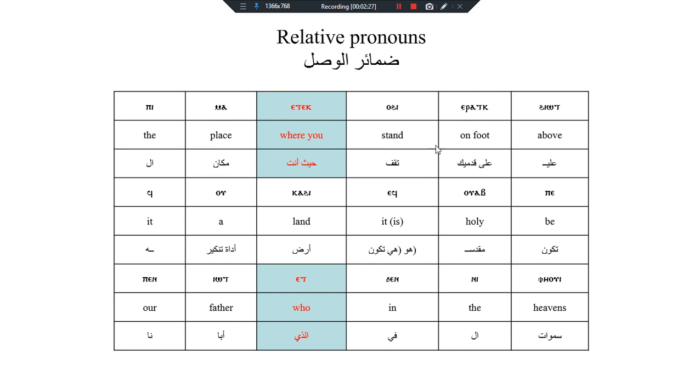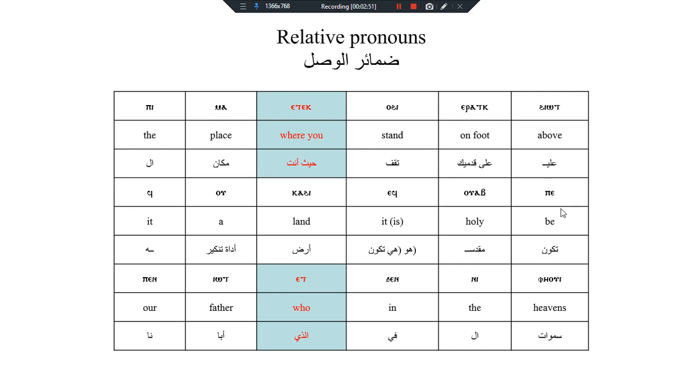Irat, on your feet. Hiyot, on. If it. O, a. Kahi, land. If means it is. And we have talked about the a before. When it's followed by a pronoun, it means being in the state of, or being in the condition of. Owab means holy.